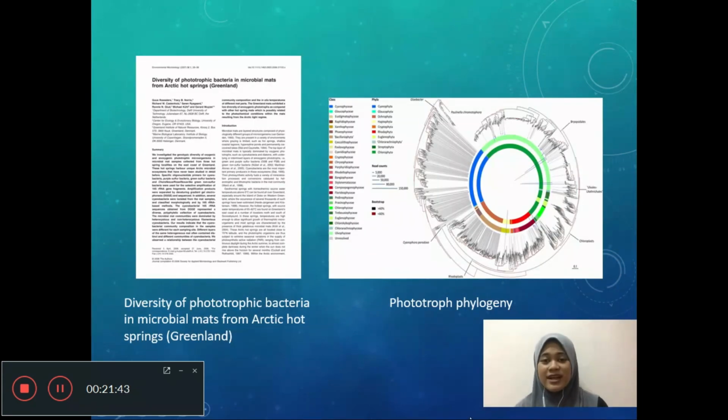The image at the right side is an article about the diversity of phototrophic bacteria in microbiomes from the Arctic hot spring. And at the left side is phototroph phylogeny. Several phylogenetic landmarks in the evolution of photosynthetic organisms are highlighted on the tree.